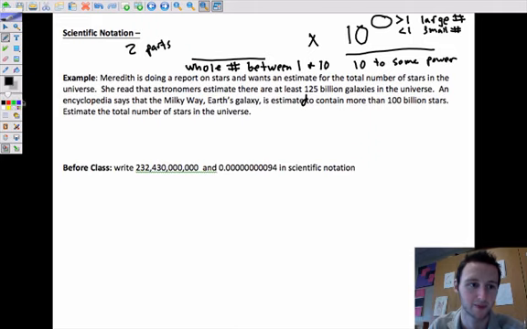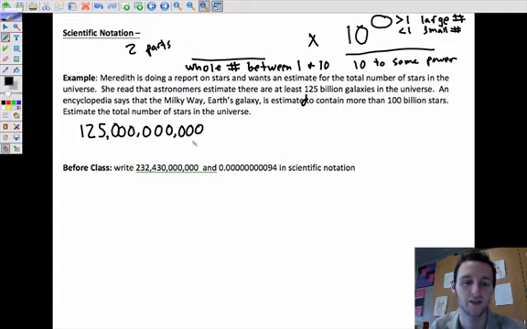I'm going to write 125 billion in scientific notation. There's 100 billion totally written out. But we can save ourselves the effort of writing out all of those zeros if we move the decimal point 1, 2, 3, 4, 5, 6, 7, 8, 9, 10, 11 times.